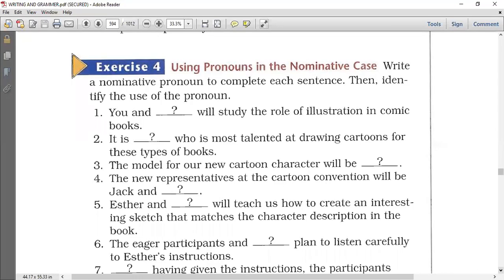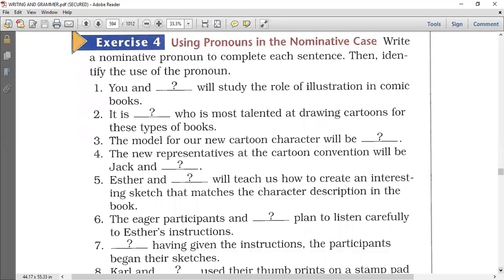You and, number 1, you and will study the role of illustration in comic books. You can use any suitable pronoun, but in the correct case. We need a nominative pronoun.